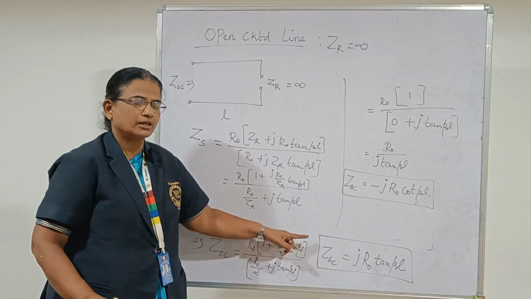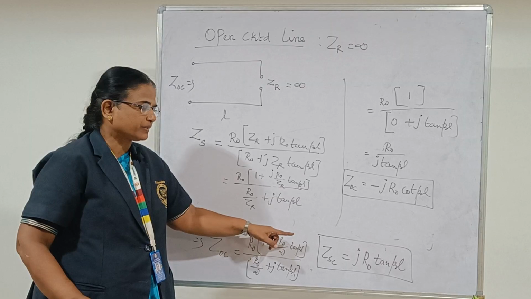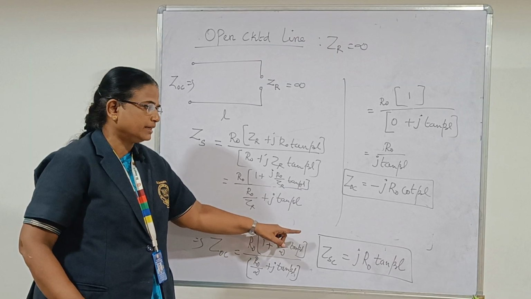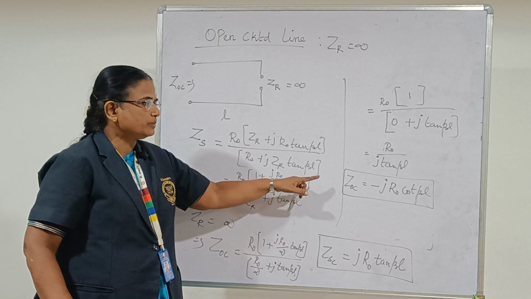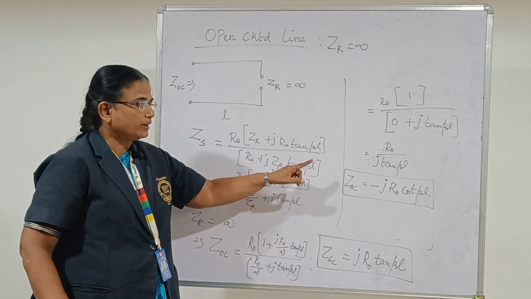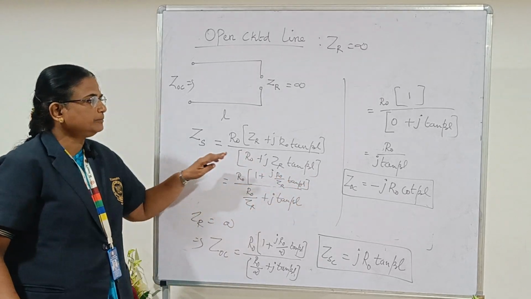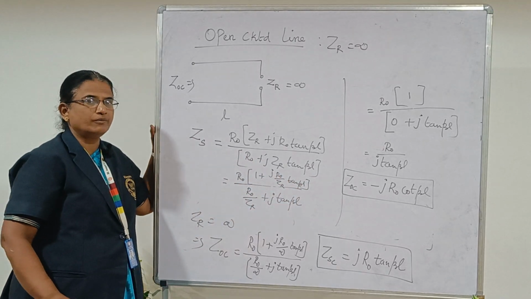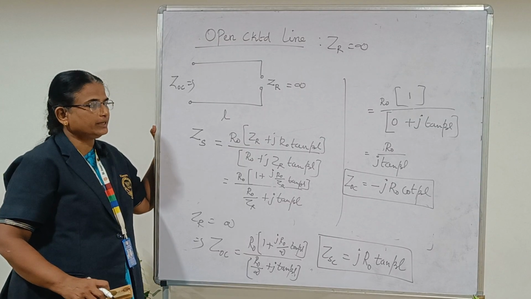So from this we can conclude that a short circuited line can contribute only an inductive effect, only inductive reactance, whereas an open circuited line contributes only capacitive effect, it provides capacitive reactance. So this is about the input impedance of a dissipationless line and for an open circuited and short circuited line.